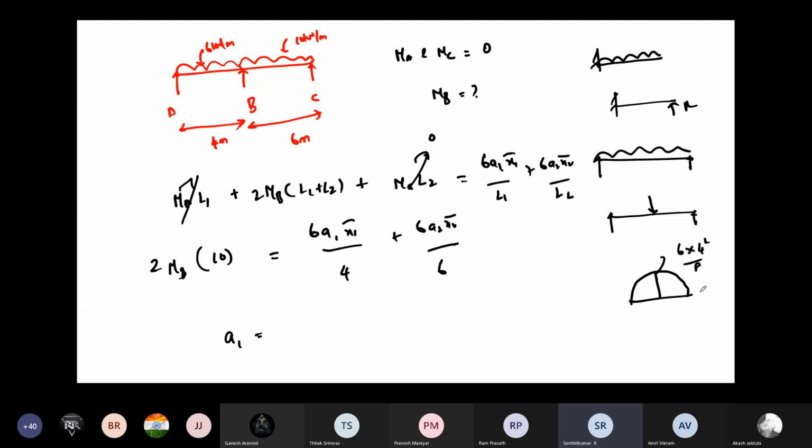WL square by 8 is coming around 12 kilonewton meter. This is the ordinate for A1. Another bending moment diagram is for A2, 10 into 6 square by 8. That is 45.